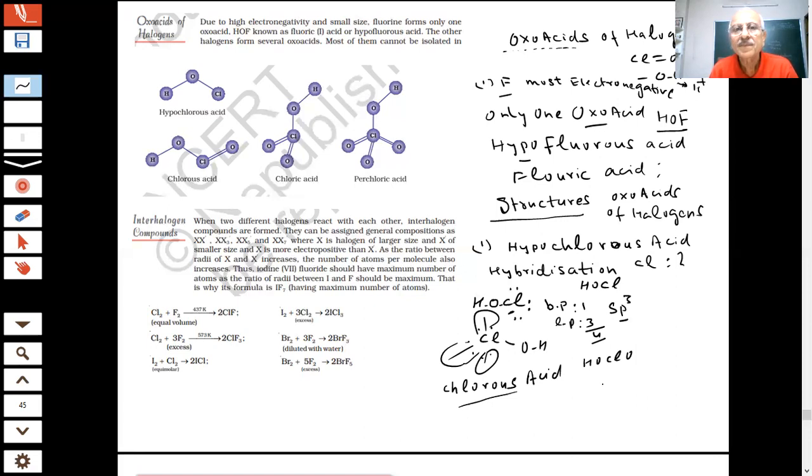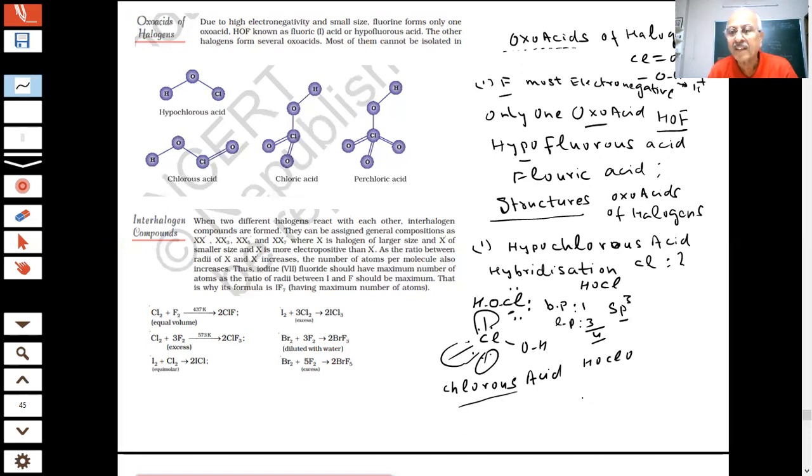It would be two bond pairs and two lone pairs, so it will be sp3 only. Again sp3 hybridization, students.